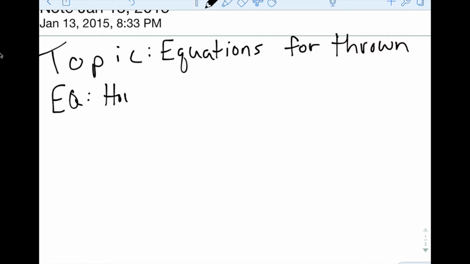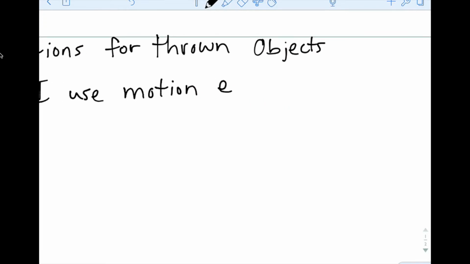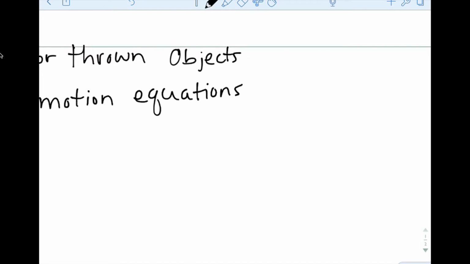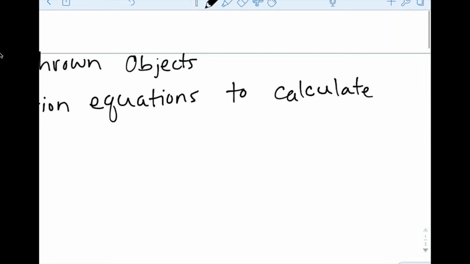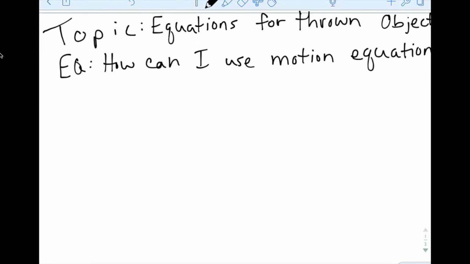Equations for thrown objects. And now my essential question is going to be, how can I use motion equations to calculate velocity, time, and height?